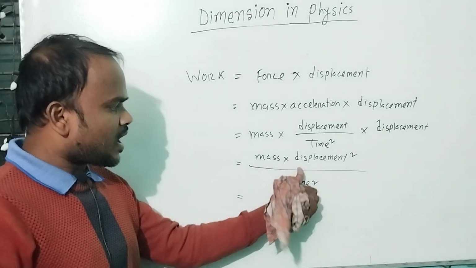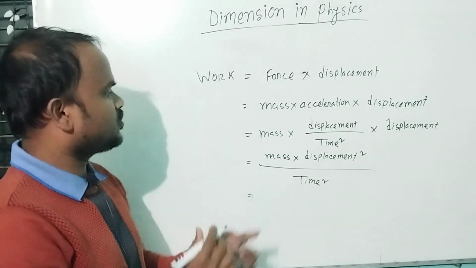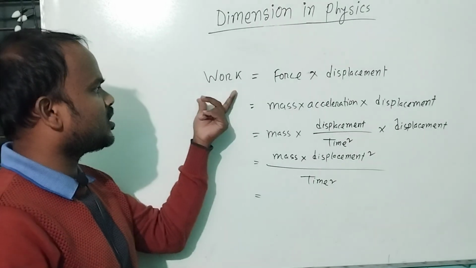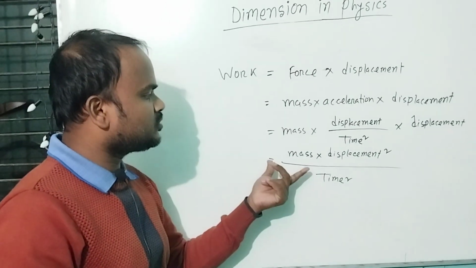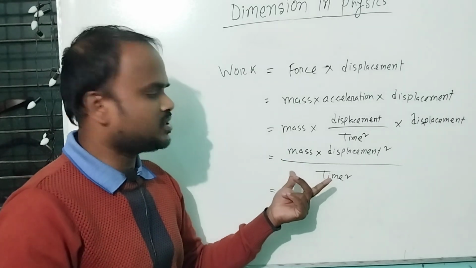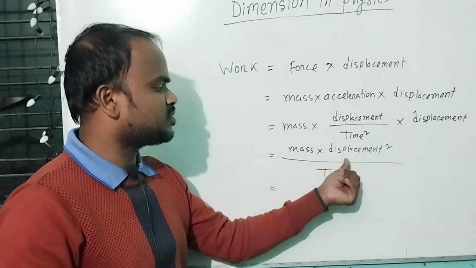So these all are fundamental quantities. We can say that work depends on three types of fundamental quantity. These are mass, displacement and time.